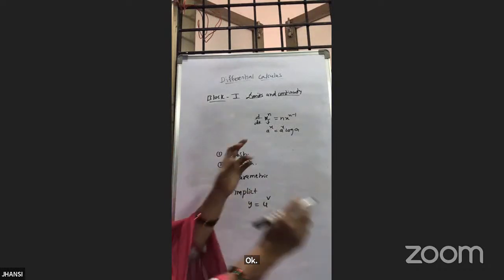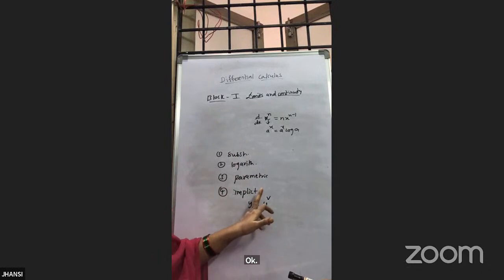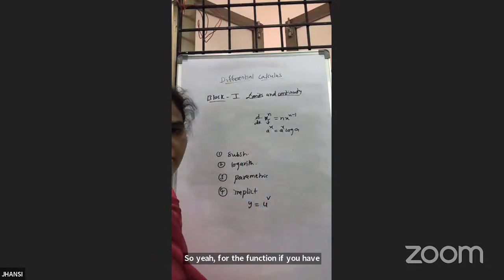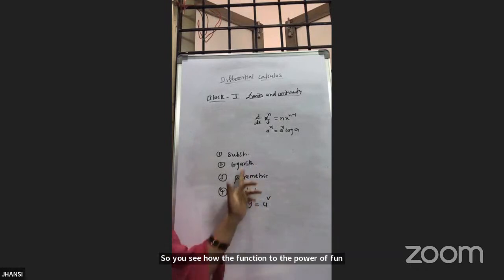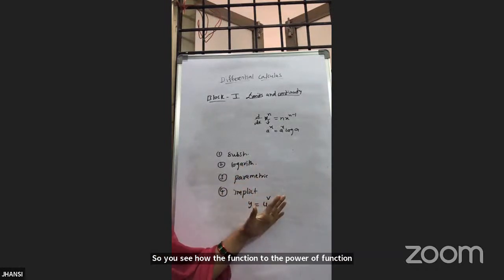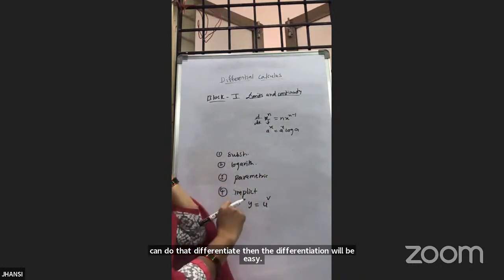So if you have function to the power of function, then we can apply the logarithm on both sides and do the differentiation. Then the differentiation will be easy. Next, the third one is parametric functions.